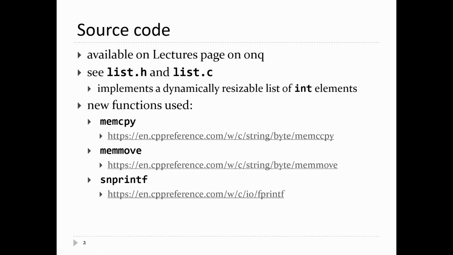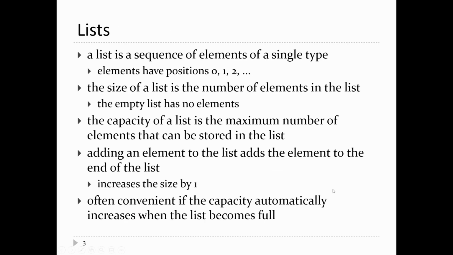And snprintf is like printf, except it will print to a string instead of printing to standard output. And it will only print a limited number of characters to the string. So that's what that N stands for. So it will let you print a specified number of characters to a string. These three might show up today. It depends how quickly I go through this lecture.